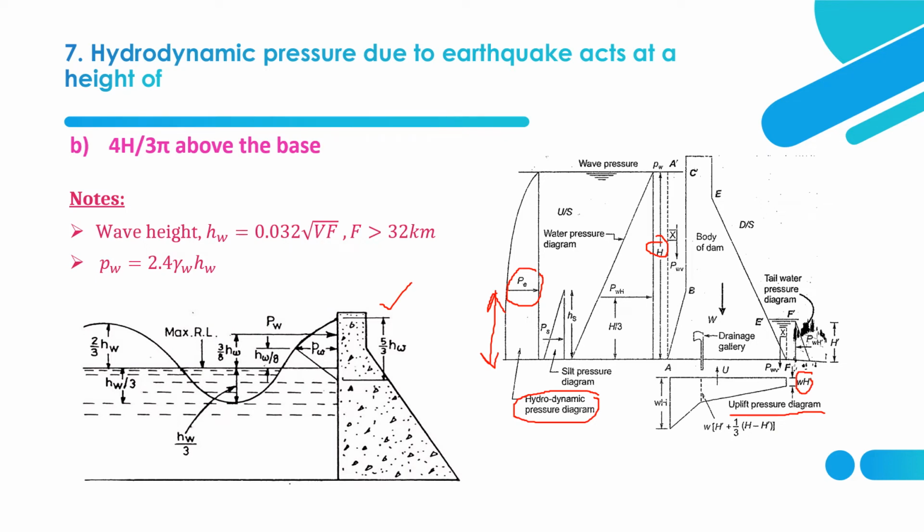Because of the drainage gallery here, the variation is like this. Without the drainage gallery, the variation will be like this. Because of the drainage gallery only, there is some fluctuation here. The drainage gallery will dissipate the uplift pressure. That's why we are using a drainage gallery.